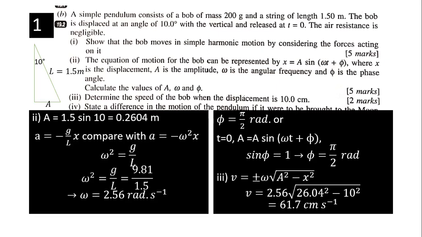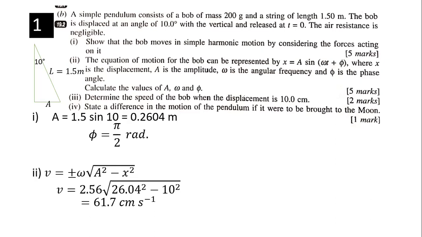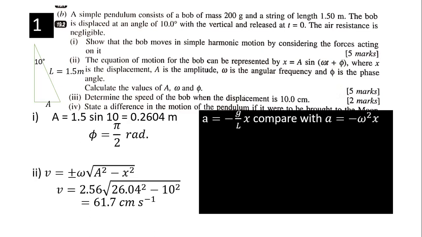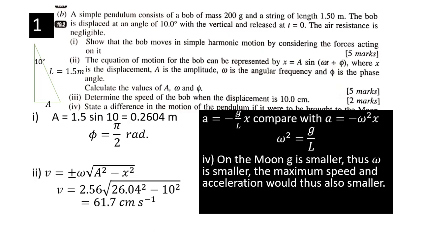Omega squared equals g over L. So on the moon, g is smaller, so omega will be smaller.